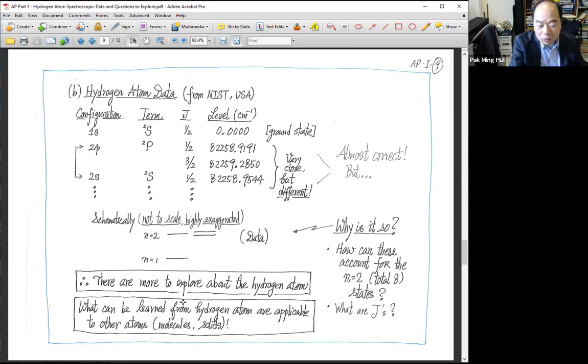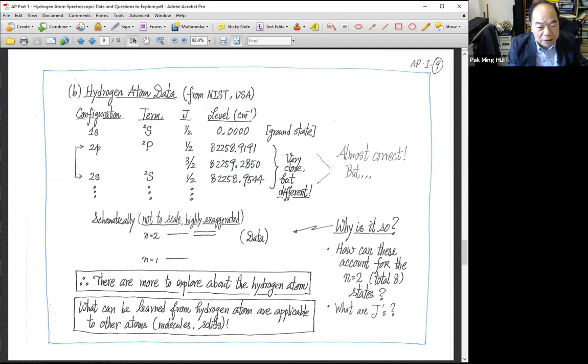Now let's look closer to the 1s and the 2s, 2p levels. So intentionally, I copied the data out. So this is 1s set to 0. We see that 2s has a number, 2p even worse. There are two numbers.